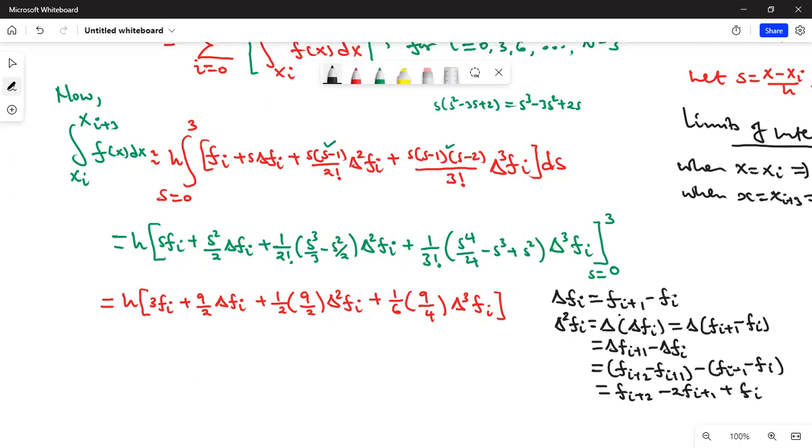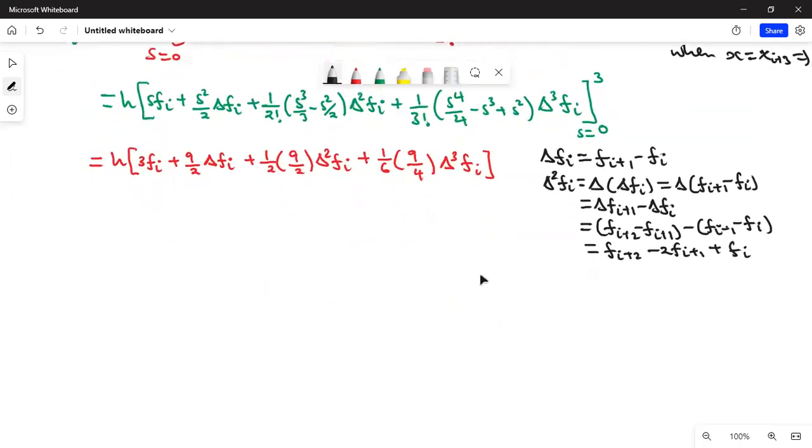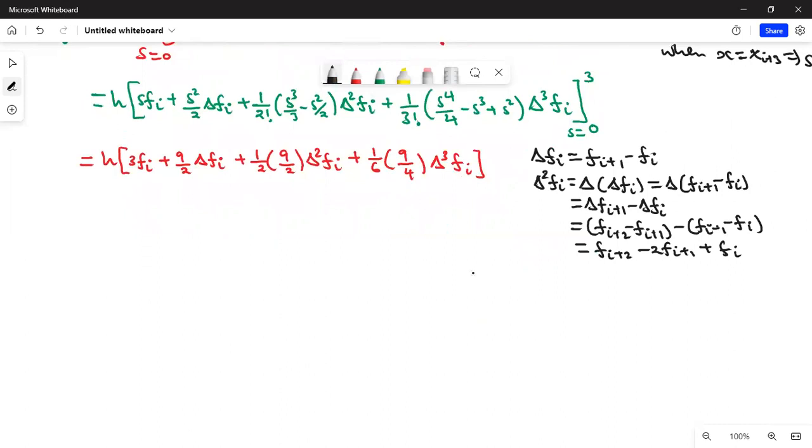Also, we need third order forward difference. So let's also work out that. Third order forward difference of fi is the same as forward difference of now the second order forward difference of fi, which we already found. So it is forward difference of fi plus 2 minus 2 fi plus 1 plus fi.